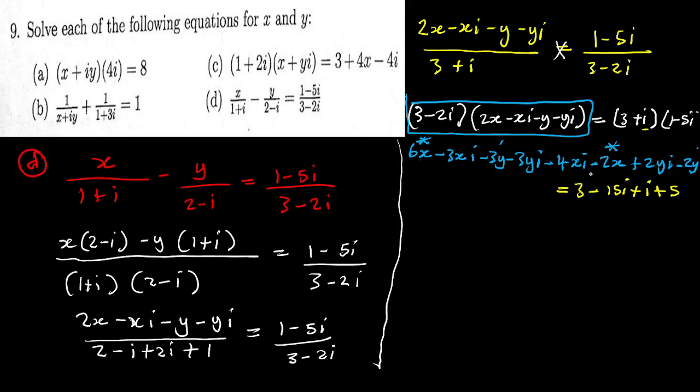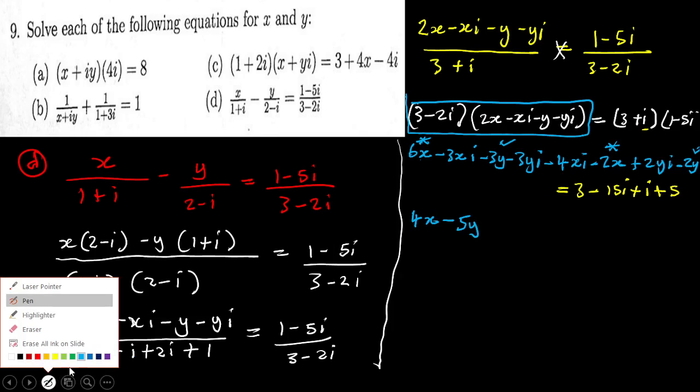There is no other x there, so 6x minus 2x, it is simply 4x. Then you go for y, so y there and y there, so negative 3y minus 2y, it's negative 5y, right? We are done with that part. Are we done? Yes, we are.